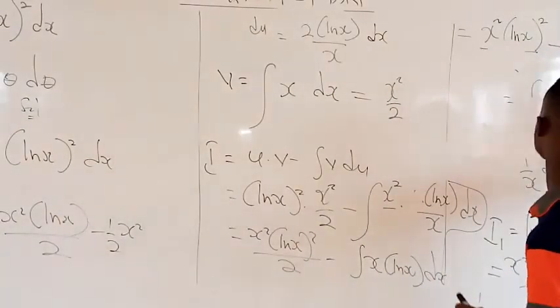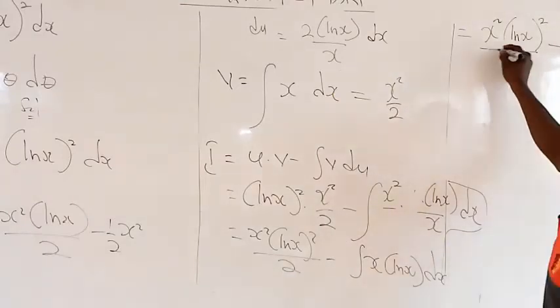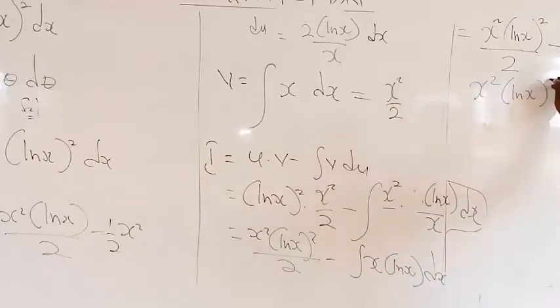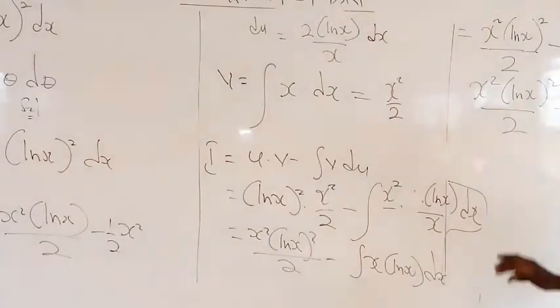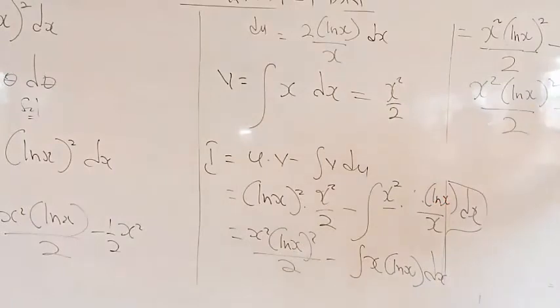So, therefore, if this is I1, then S squared ln S power 2 over 2 minus the whole of this, which is I1. Alright, so now go and write this: S squared ln S over 2 minus half S squared.